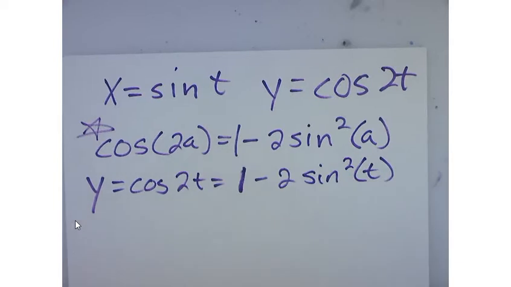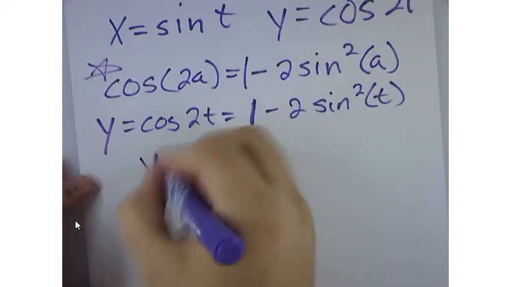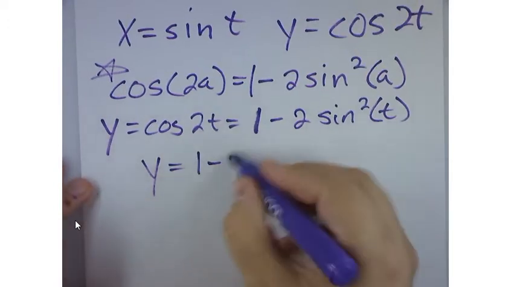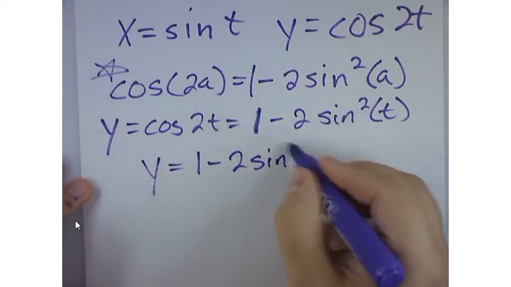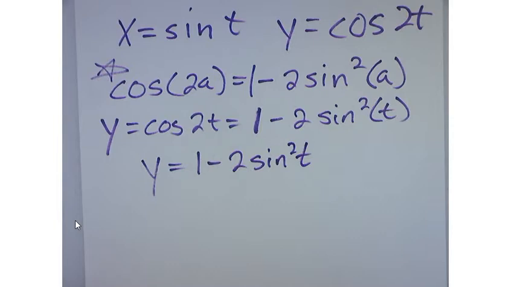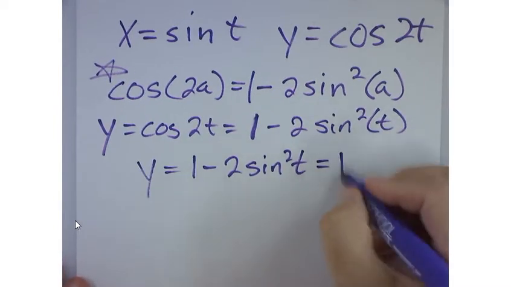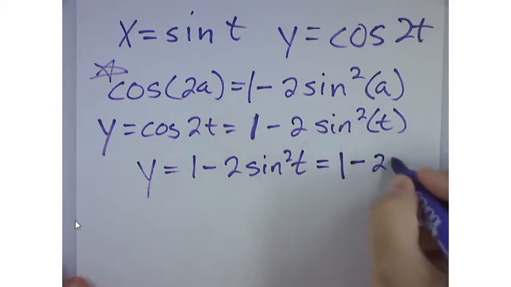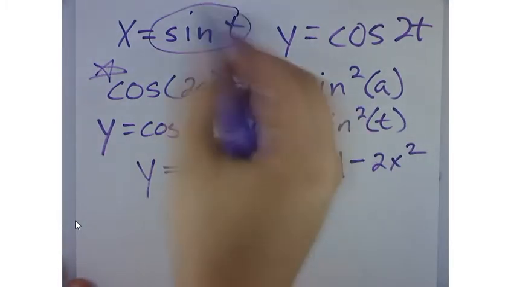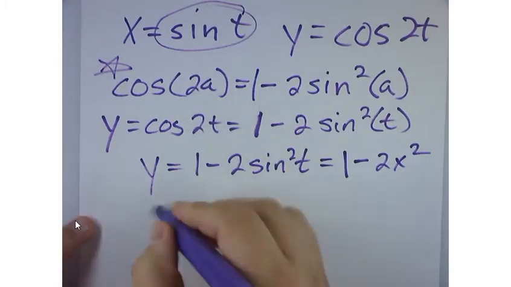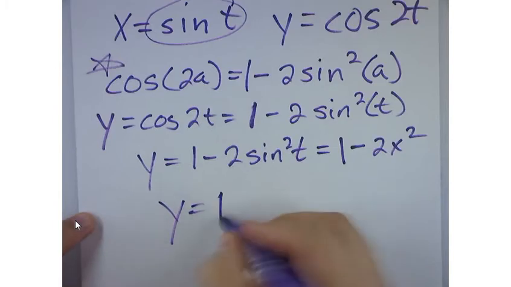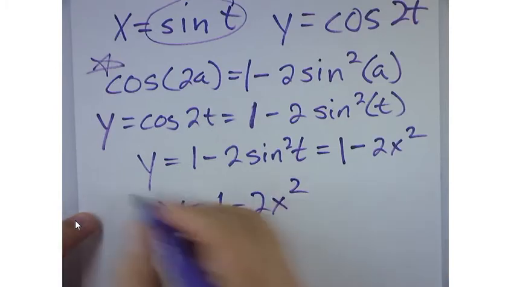Now, how do I plug in my x? In other words, I've written this as y is equal to 1 minus 2 sine squared of t. What is that in terms of x? It's 1 minus 2x squared, right? So my Cartesian equation is equal to 1 minus 2x squared.